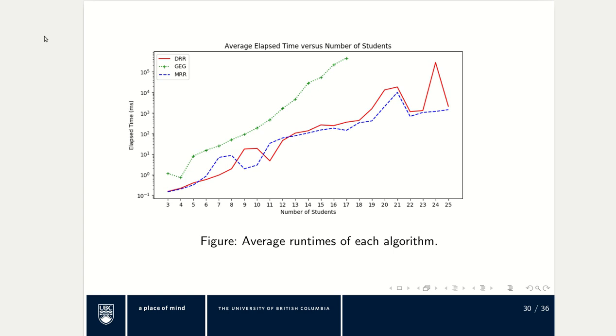The algorithms are quite similar. The generalized envy graph algorithm works quite differently and can actually get stuck sometimes. I think that may be what happened around 17 here, where it just can't continue. But either way, it takes much longer.